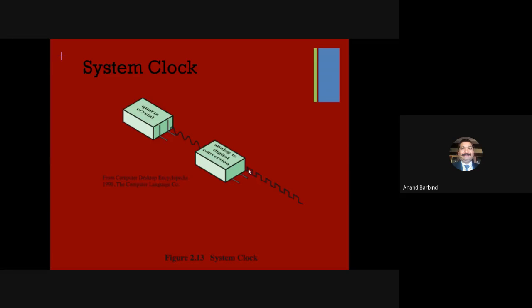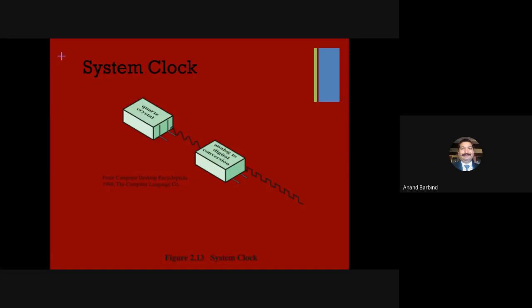Typically the time of the high period and low period is fixed for each clock cycle. This is the clock that is given to each of the sequential logic circuits, and the computer is also one of the sequential logic circuits, you can say.